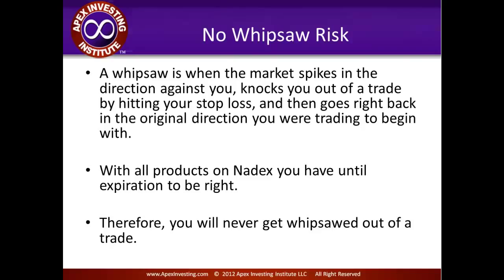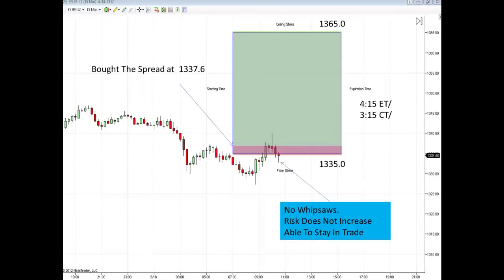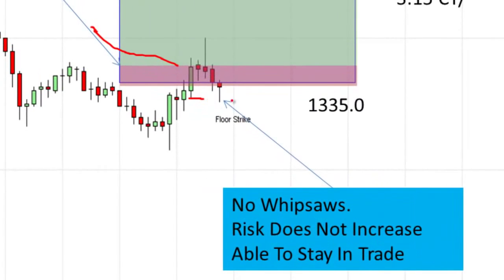All the products on Nadex, you have until expiration of the trade to be right. Therefore, you're never going to get whipsawed out of a trade. So for instance, let's say you bought the spread at 1337.6, and then you set a stop loss, let's say right here. The market spikes down, and it could whip you out of a trade, but no matter how far down it goes, you're still in the trade if you're in the Nadex spread.